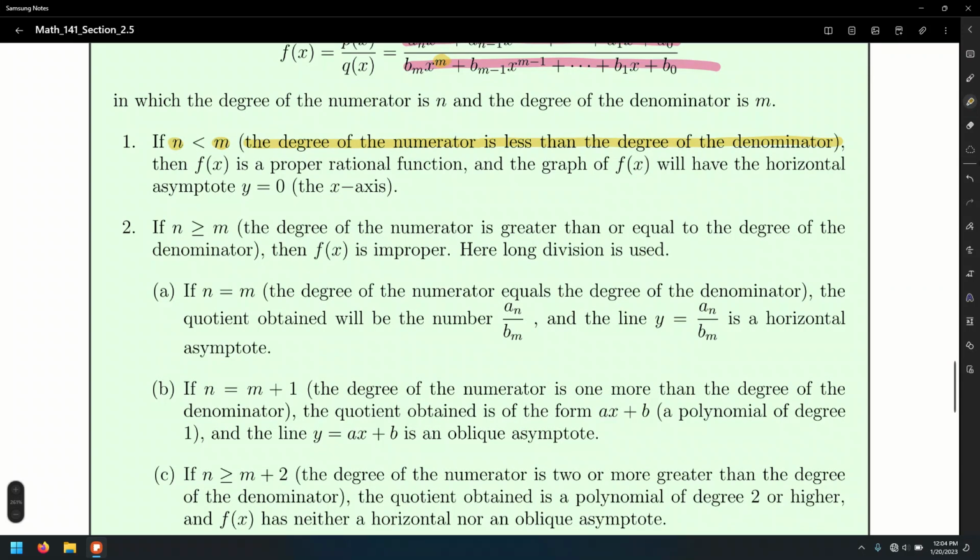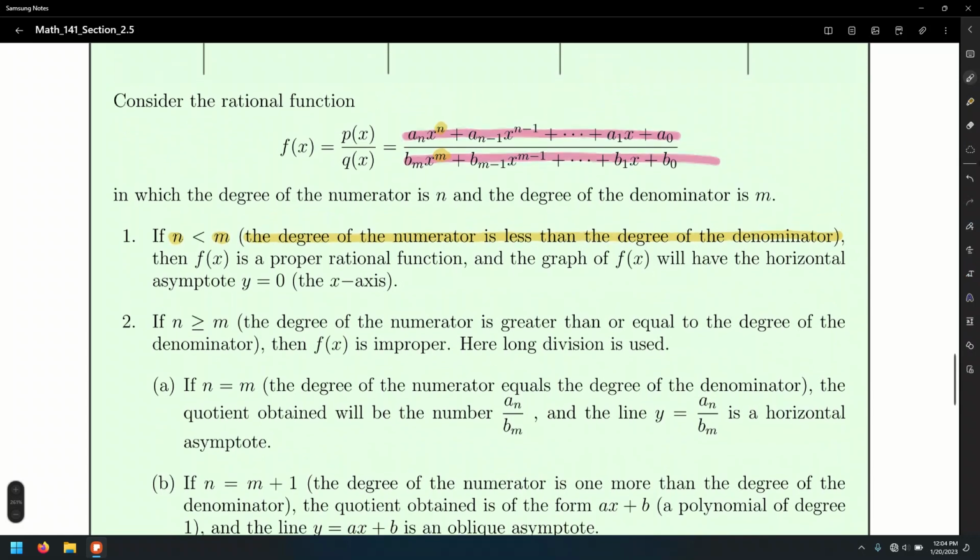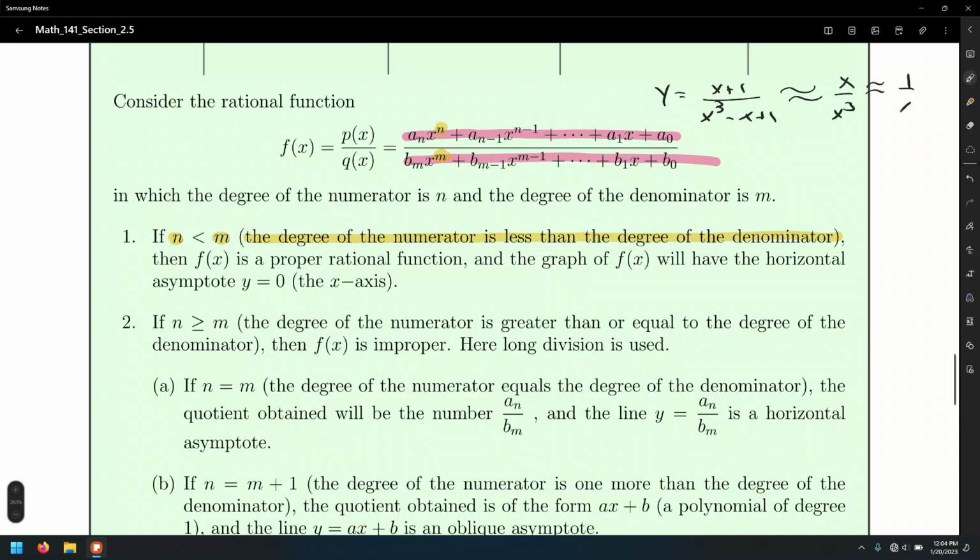Well, to illustrate this briefly, what if we have some rational function that looks like, well, y equals x plus 1 over x cubed minus x plus 1. For example, if we neglect all the lower degree terms, this function behaves like x over x cubed, which reduces to 1 over x squared.